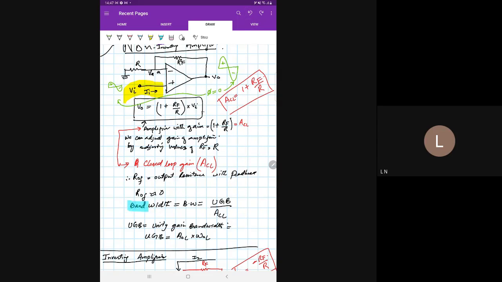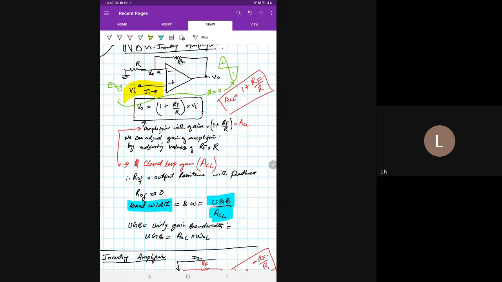And bandwidth is the range of frequencies that this non-inverting amplifier is capable of amplifying. Okay, bandwidth of this circuit is equal to UGB, the unity gain bandwidth, divided by A closed loop. So how much is the bandwidth of the circuit?